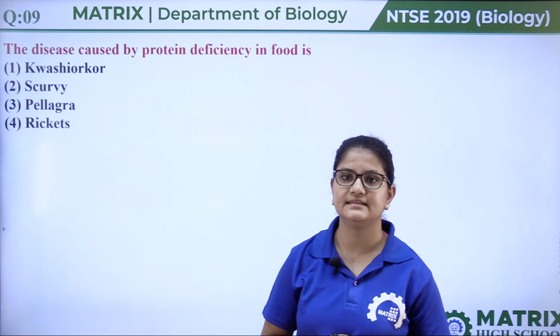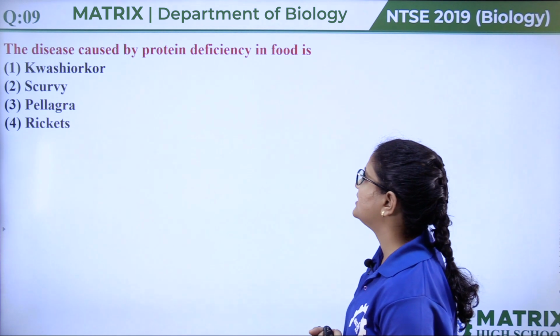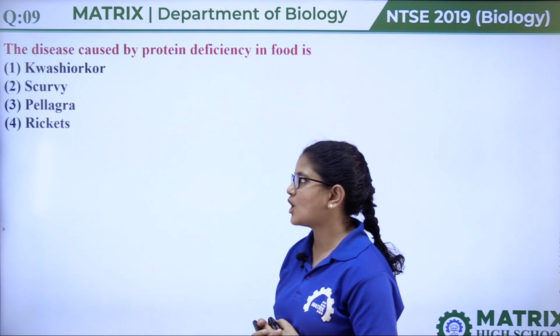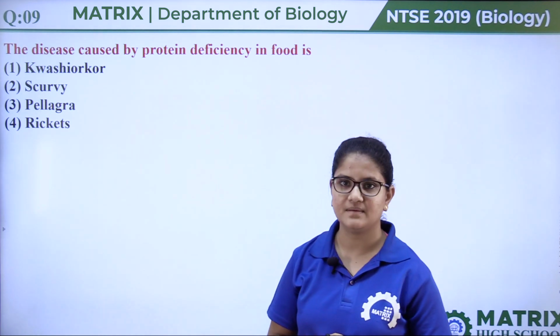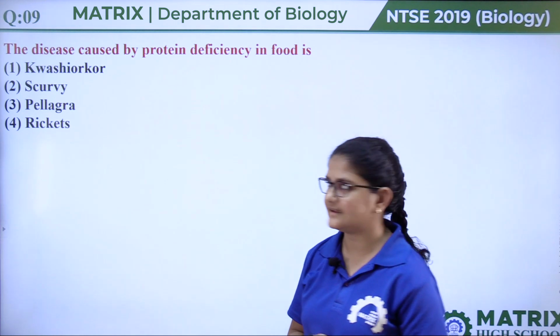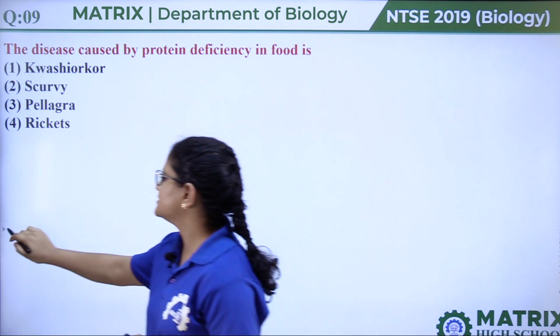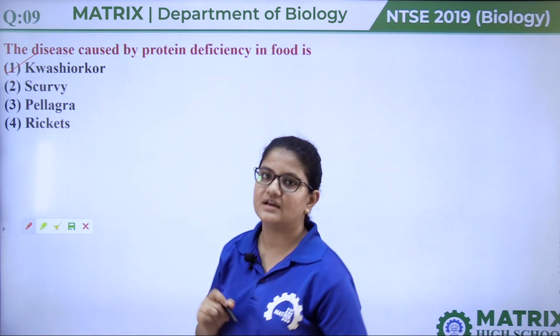Question number 9 is, the disease caused by protein deficiency in food is option 1, kwashiorkor, option 2, scurvy, option 3, pellagra, and option 4, rickets. So its answer is option 1, kwashiorkor.